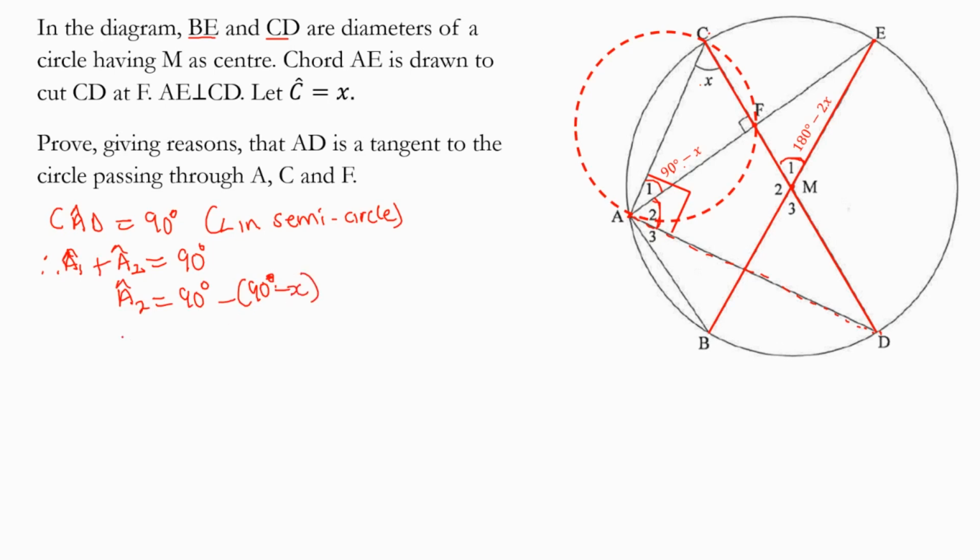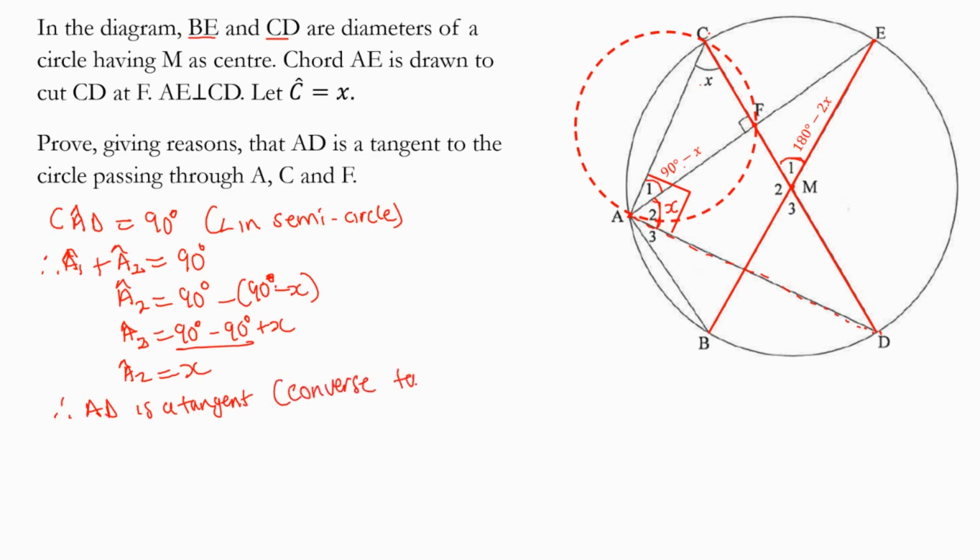Removing the bracket, angle A2 is equal to 90 degrees minus 90 degrees plus X. Then this is 0, so angle A2 is equal to X. So we can conclude that the line segment AD is a tangent. Why? Because of the converse tan chord theorem. So that's the first part.